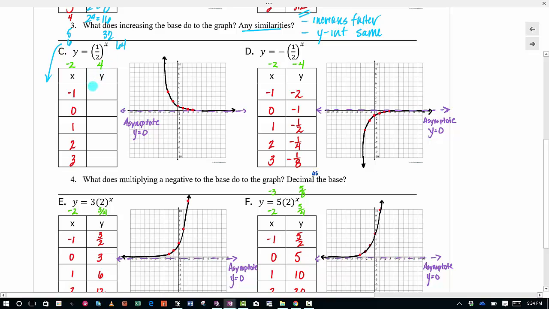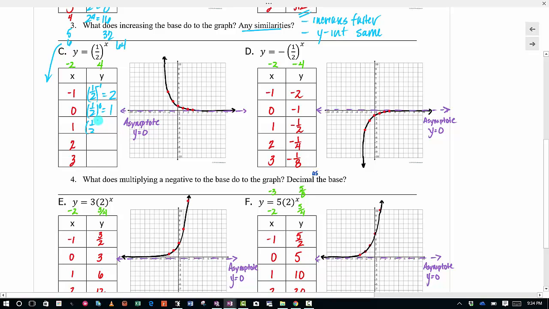How can we find the values? Well, let's do them. It's super easy. Put 1/2 to the negative 1 power, which means flip its position, and then it becomes positive, or 2. And then 1/2 to the 0 power, well, anything to the 0 power is 1.